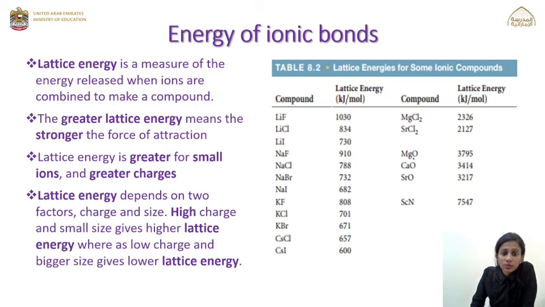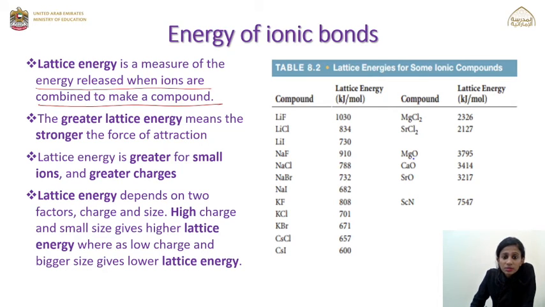Energy of ionic bond. The energy of an ionic bond is measured in terms of lattice energy, which is the energy released when 1 mole of an ionic compound is formed from its ions. Lattice energy tells about the strength of the ionic bond. If the lattice energy is higher, that means the bond is stronger.